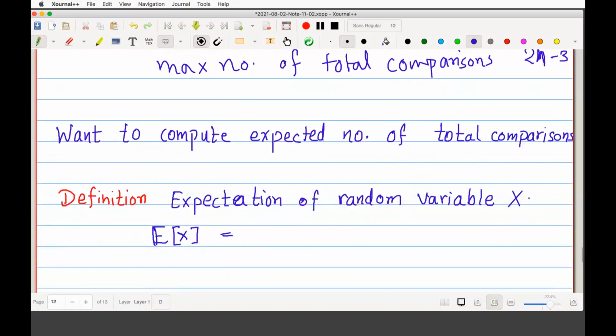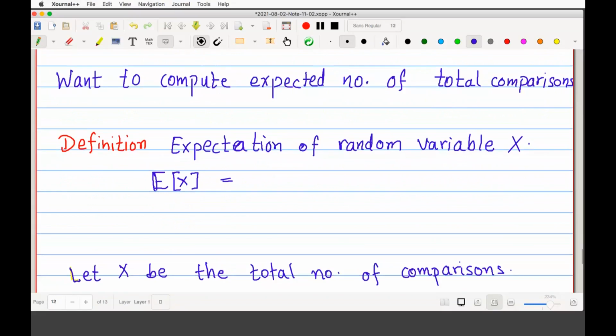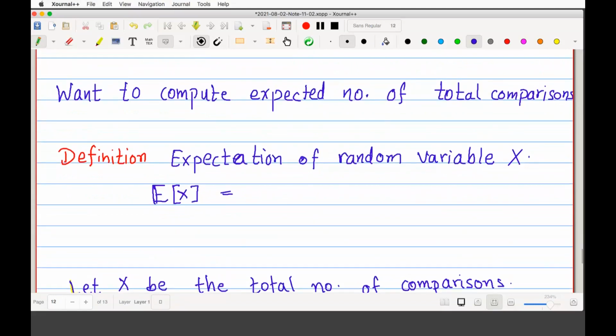And whenever a variable is a random variable, we talk about its expectation, and it's defined like this. For any random variable X, it's defined to be the summation over all possible values x of this variable, where you take that value and multiply it with the probability that X equals x.